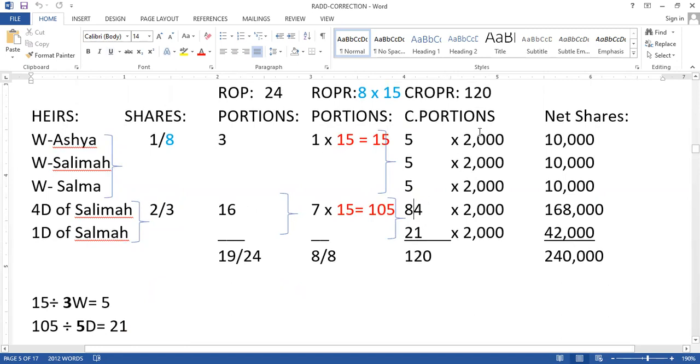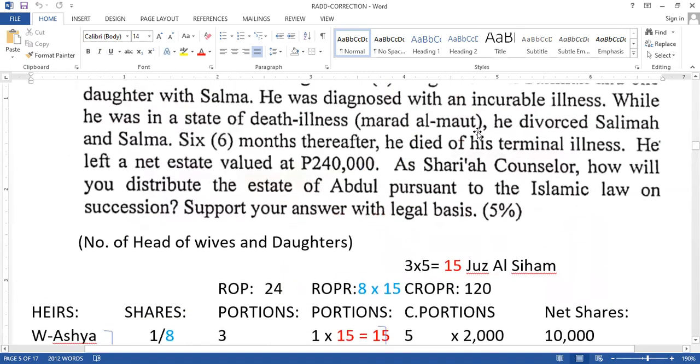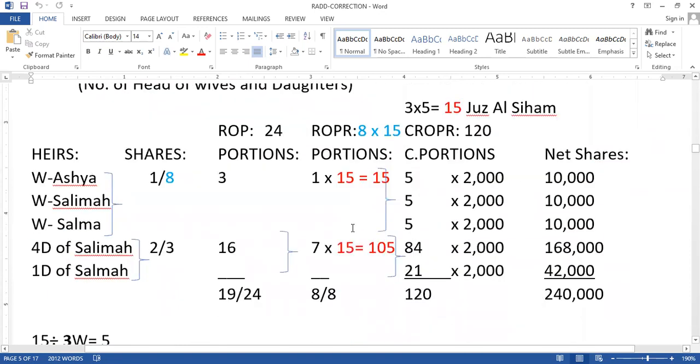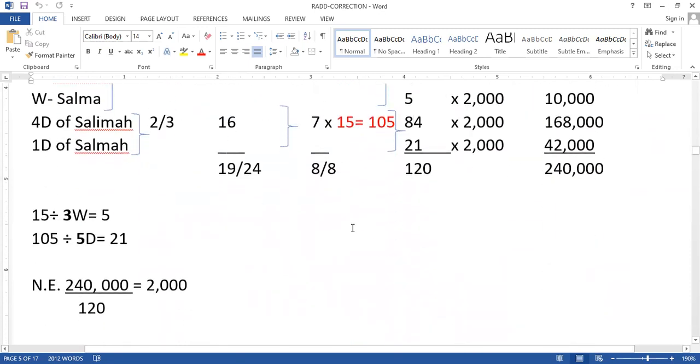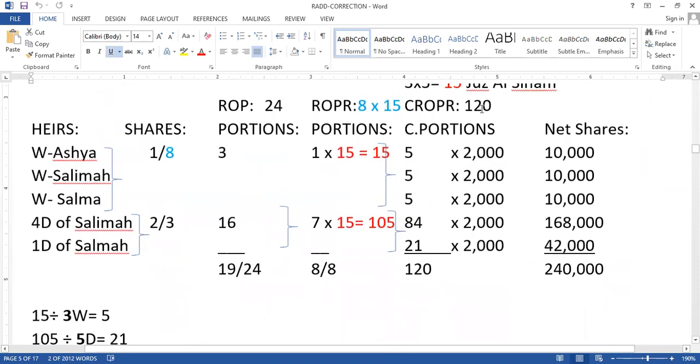Now, saan natin nakuha yung 2,000? Paano natin yan siya na-come up? Okay? Ang sabi niya dito, he left a net estate value of 240,000. So, paano ba tayo mag-compute ng pera class? So, madali lang yan siya masyado. Get the net estate, which is 240,000, and then use your CROPR.